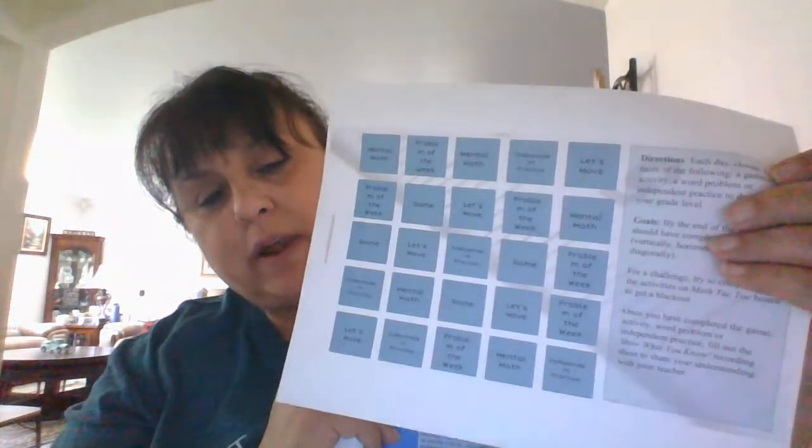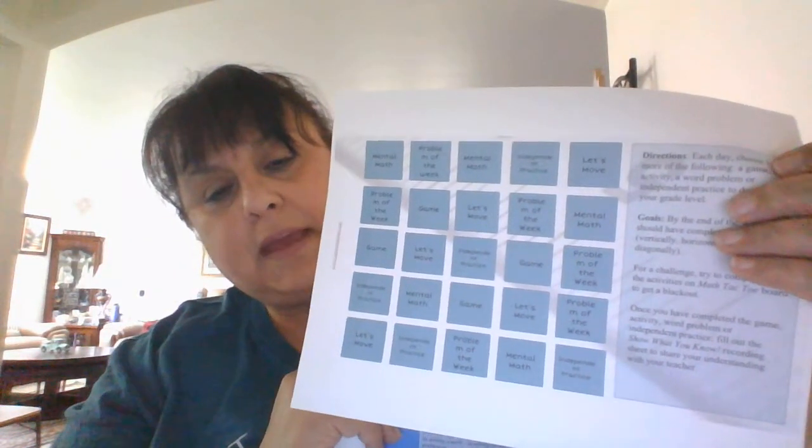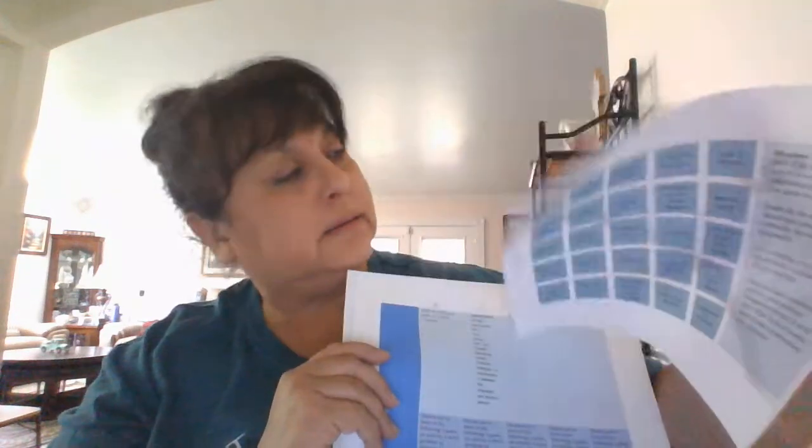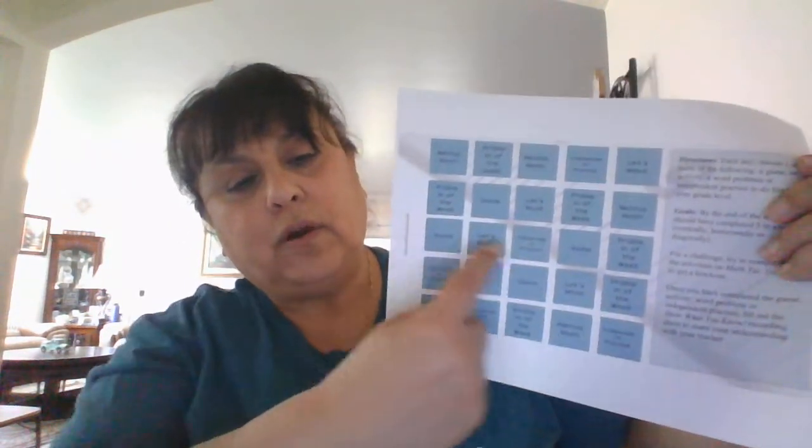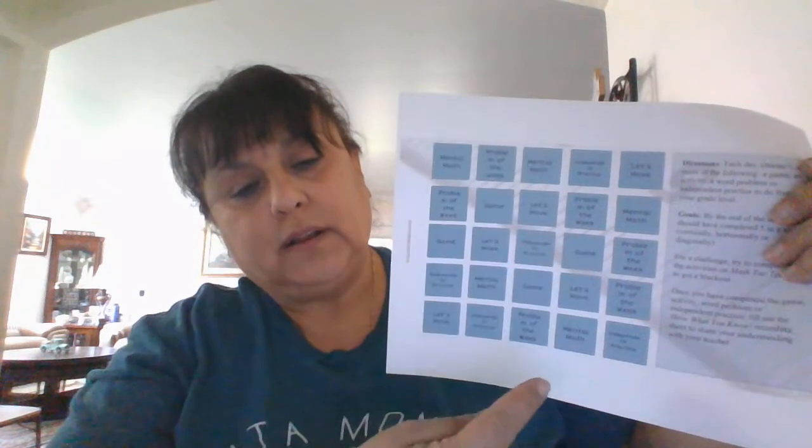So choose a square and you're trying to make a kind of bingo. So you're trying to make a row, horizontal, vertical, or diagonal. Okay. And that was it for math.